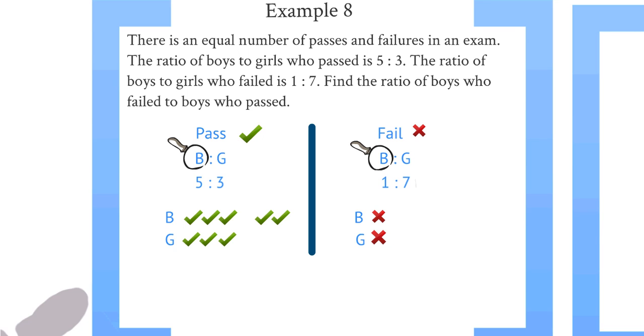That would be 1 cross, 2, 3, 4, 5, 6, 7. So for every 1 boy who failed, there are 7 girls who failed. There are more girls who failed than boys. And there are these 6 extra crosses of failures for girls.